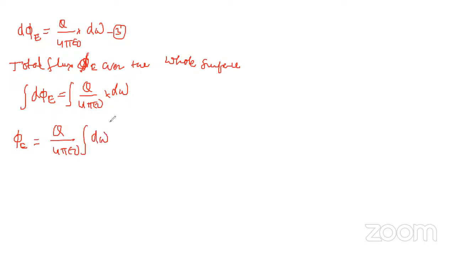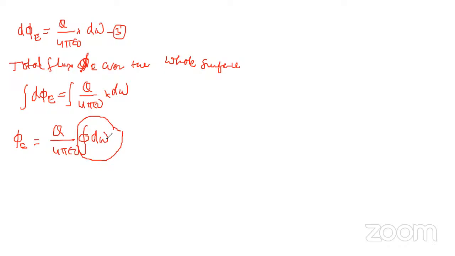Now d omega is nothing but the solid angle. So the surface integral of d omega is the solid angle subtended by the whole surface at the point O.